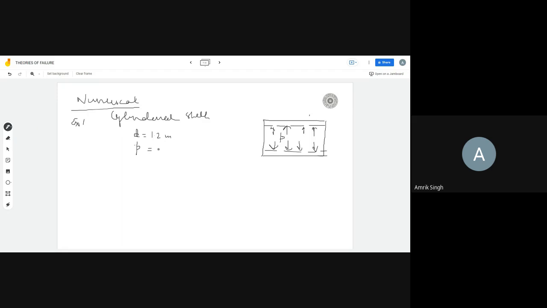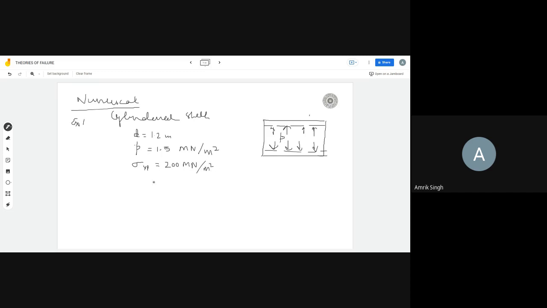P is given as 1.5 meganewton per meter square, Pascal. Material of the shell is yielding at 200 meganewton per meter square.